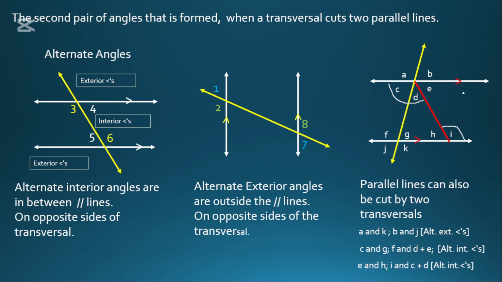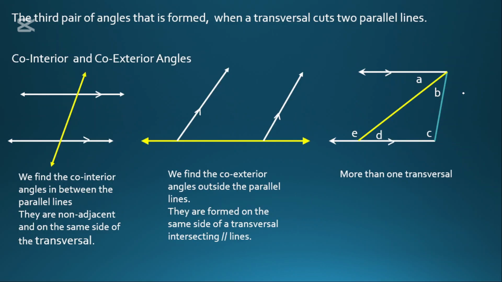Next pair. Alright, now the third pair of angles that is formed when a transversal cuts two parallel lines, they are the co-interior and co-exterior angles. Now we find the co-interior angles also in between the lines. Right, interior, in between the lines, but they are on the same side of the transversal.